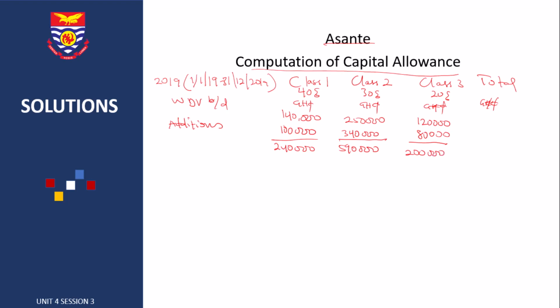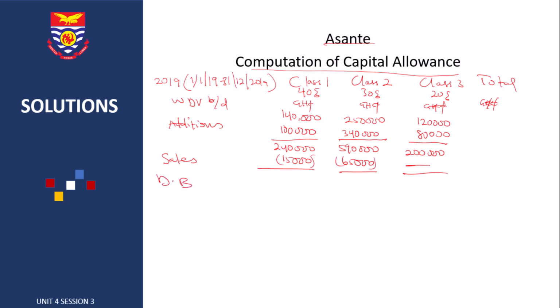Now let us look at the deductions in terms of sales. We sold an old computer for 15,000. We also sold a car for 65,000. And in terms of class 3, no transaction took place. So we have dash here. Now let us look for our depreciable basis.